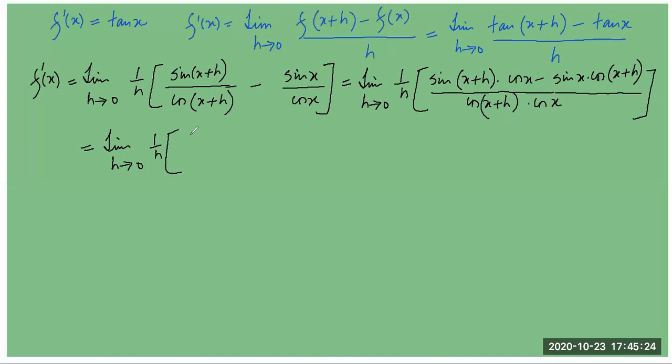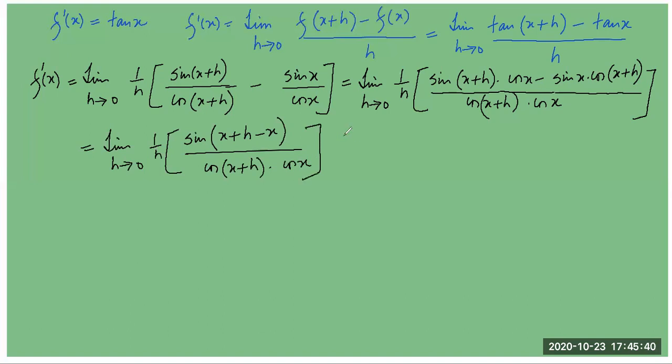So this is equal to sine of x plus h minus x, very simple, divided by cos of x plus h into cos x.